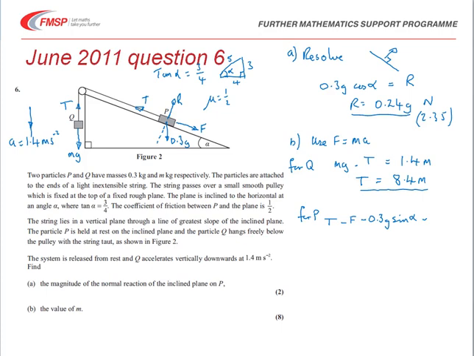That will be equal to the mass multiplied by the acceleration, this time 0.3 multiplied by the acceleration 1.4. Now we know that F is equal to mu R, and mu is equal to 1/2, so therefore that's equal to 0.12 g.